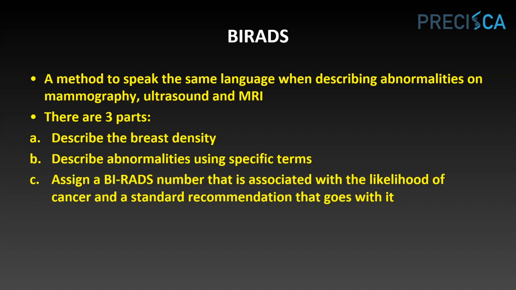The second thing we do is to describe the abnormalities using specific terms, and I'm going to talk about that a little bit more on the next several slides. And then once you have described the abnormalities, you assign a BIRADS number that is associated with the likelihood of cancer and a standard recommendation of what to do next that goes with that BIRADS number.